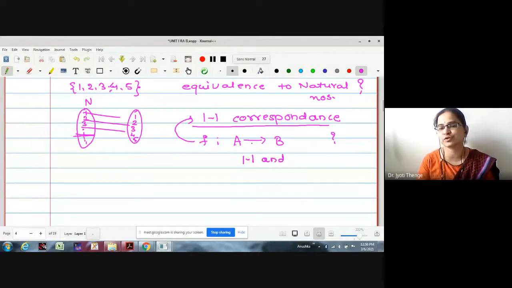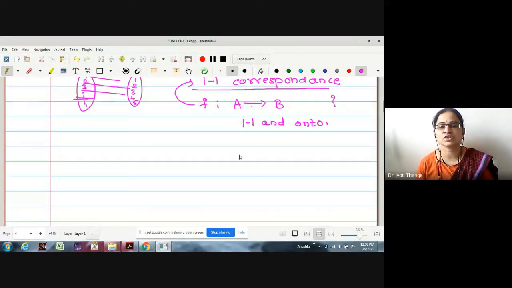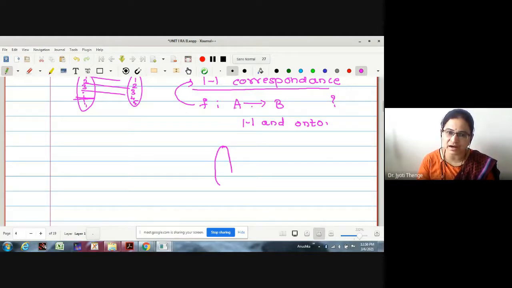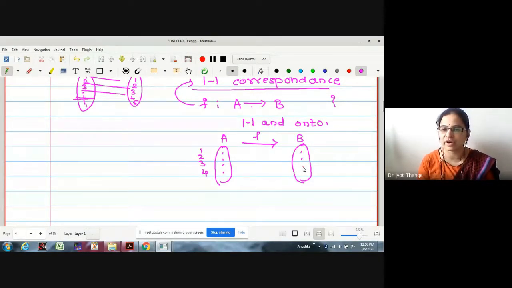The function should be 1, 1 and onto. If I want to tell you exactly, suppose this is set A, this is set B. Let me show you with the help of a Venn diagram. And there is a function f from A to B. Suppose I have 4 elements, 1, 2, 3, 4, and there are 4 elements again, A, B, C, D.